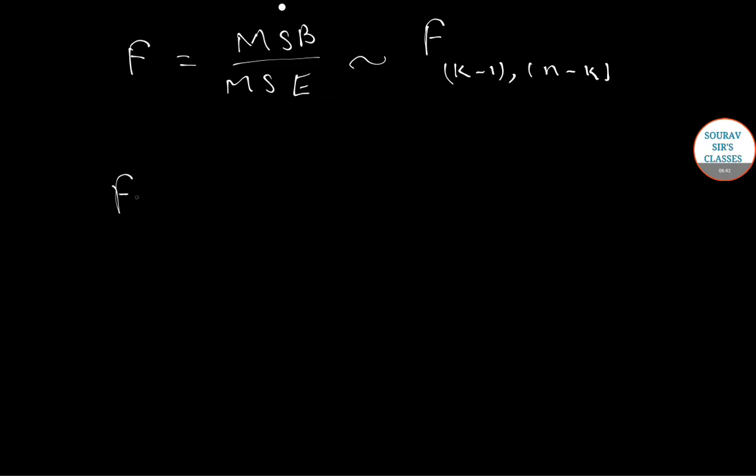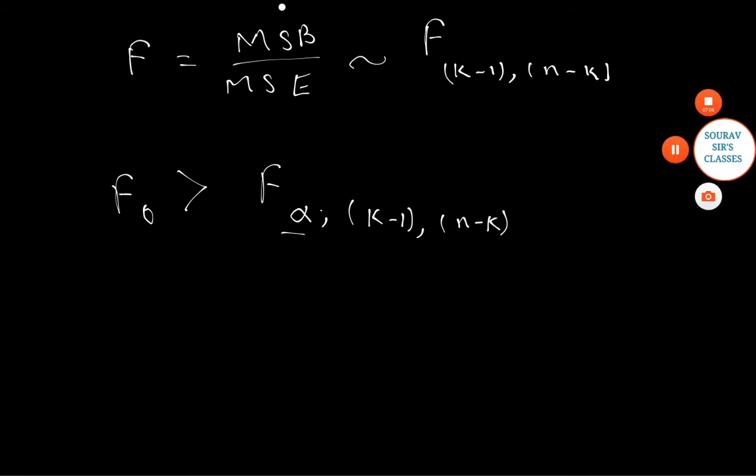Let F0 be the observed value of F statistic. Then we reject the null hypothesis H0 if F0 is greater than F alpha k minus 1, n minus k, where alpha is the level of significance.